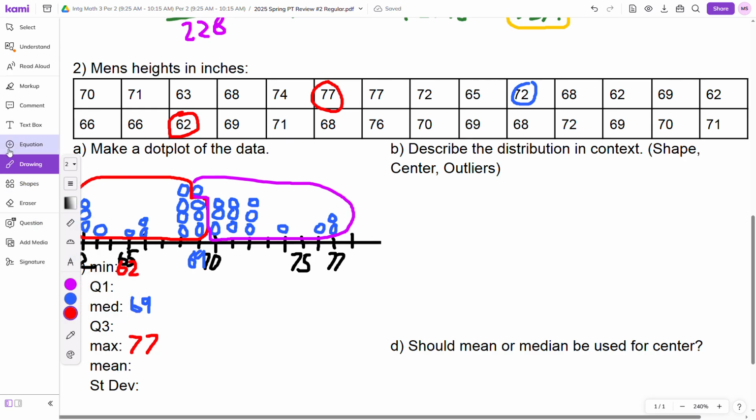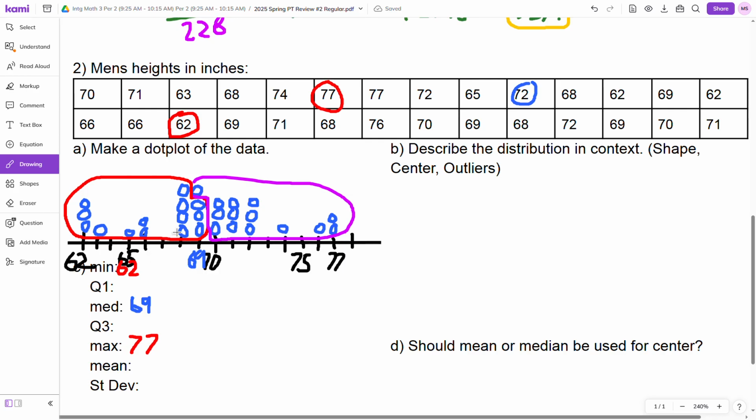Now, in order to find the Q1, we take these 14 numbers here. And again, because it's an even number of numbers, we divide that by 2, so we get 7. That means the median of this is between the 7th and 8th number. Where is the 7th and 8th number? 1, 2, 3, 4, 5, 6, 7. The 7th number is 66.